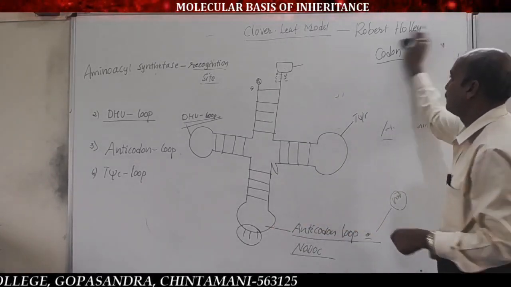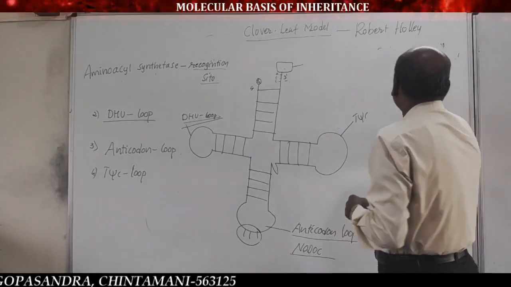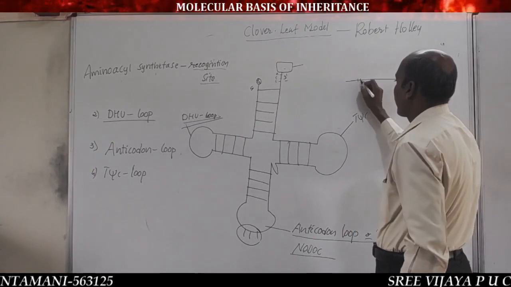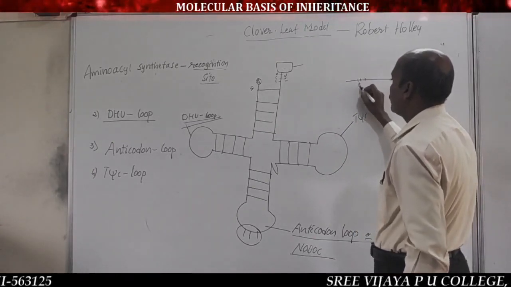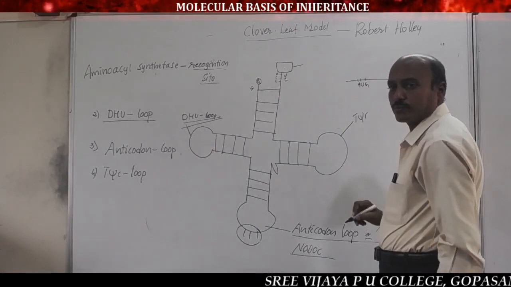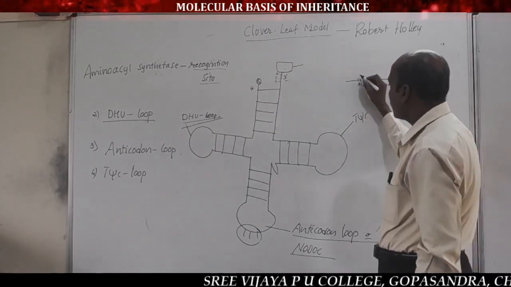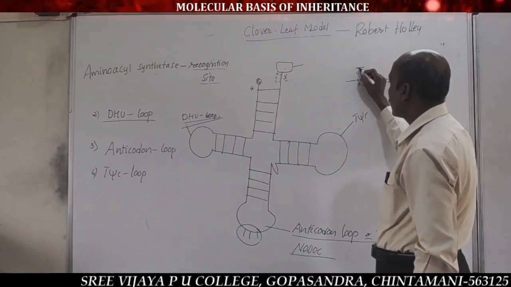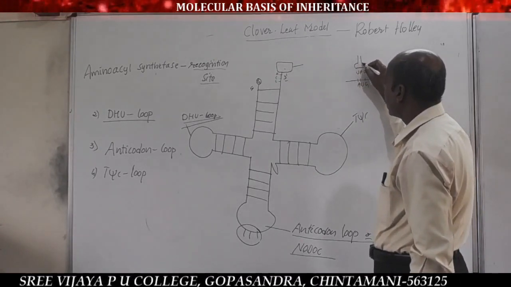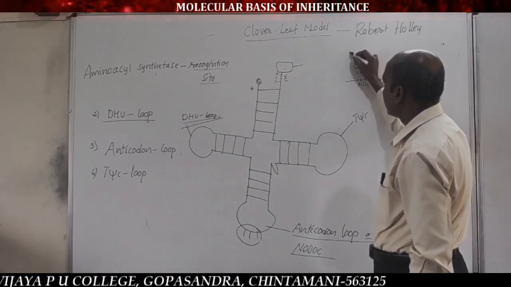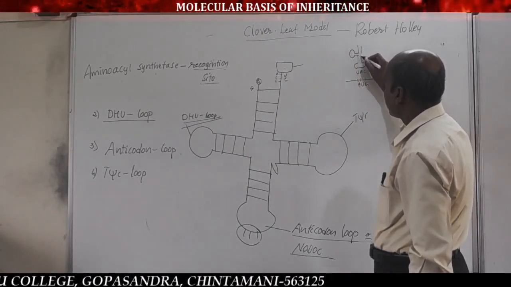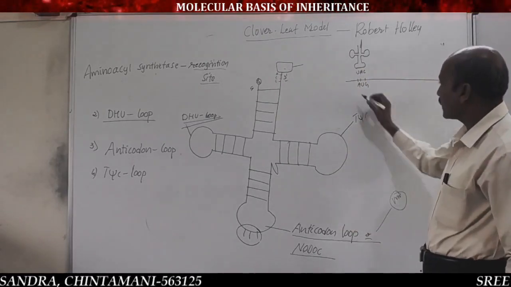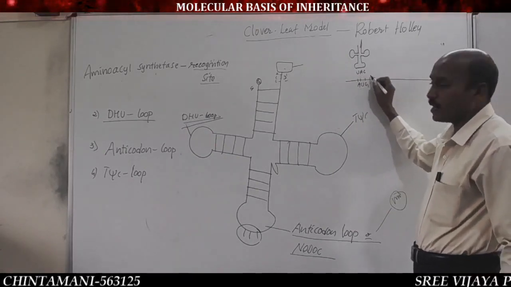For example, listen here. If the mRNA contains the AUG codon, the tRNA contains the UAC anticodon.